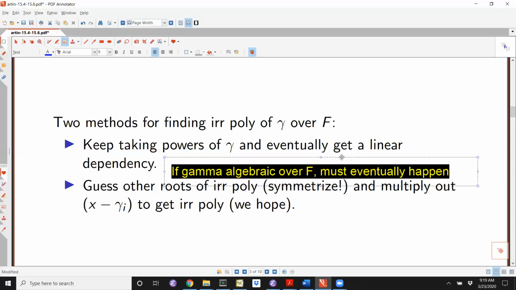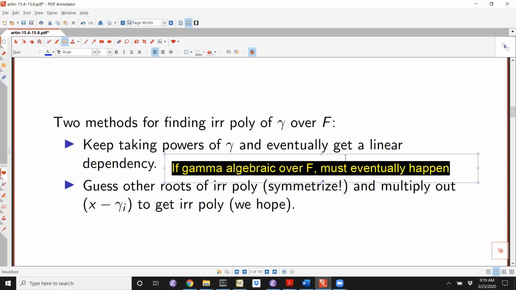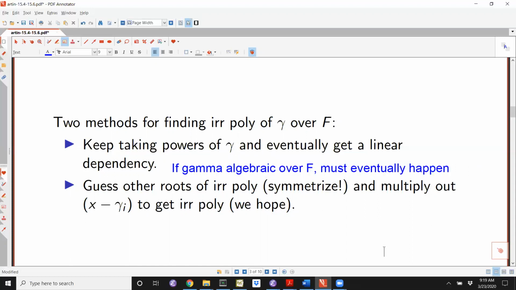So if gamma is algebraic over capital F, this must eventually happen because this is contained in some finite dimensional vector space over capital F.